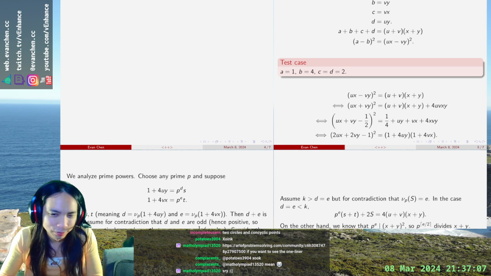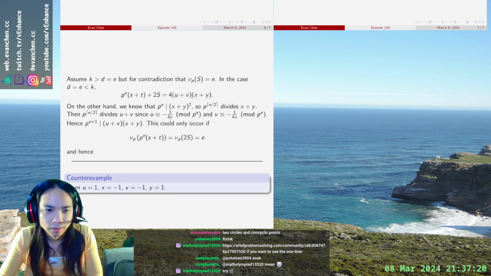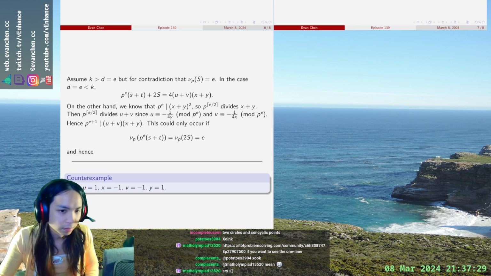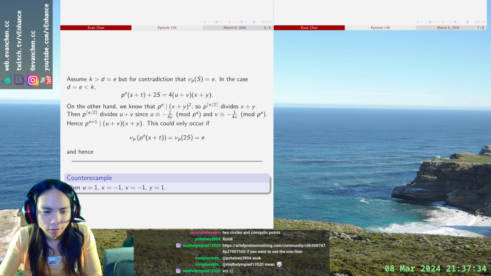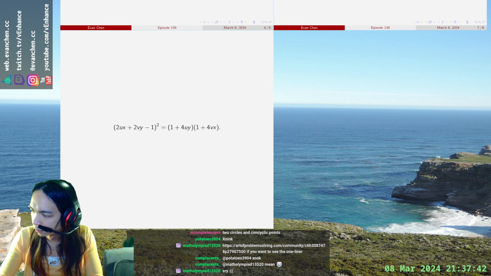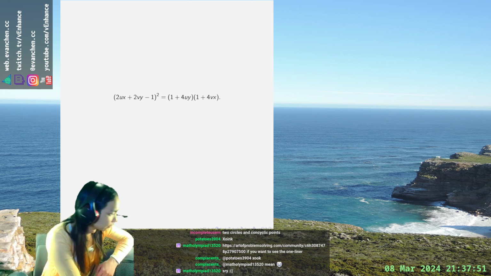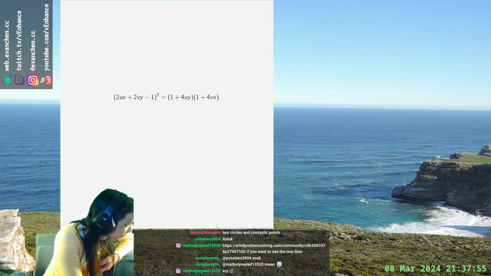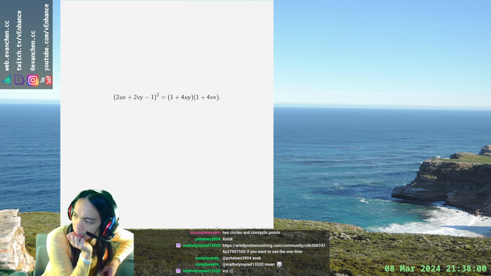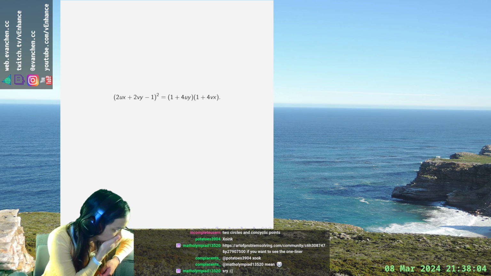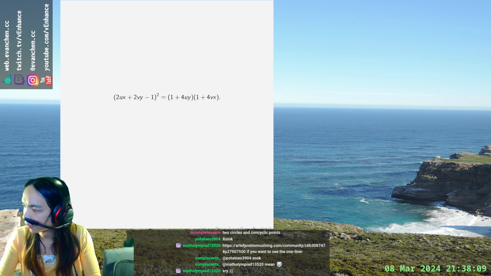Okay, so someone had a quadratic earlier. What was the idea for the quadratic? So the idea, I guess, was that I should instead, wait, s equals u plus v times x plus y.